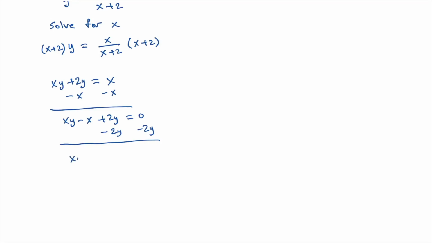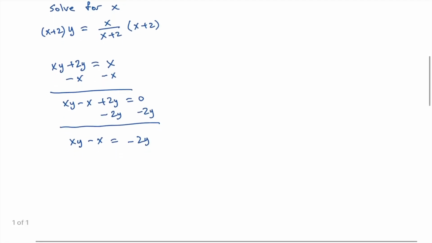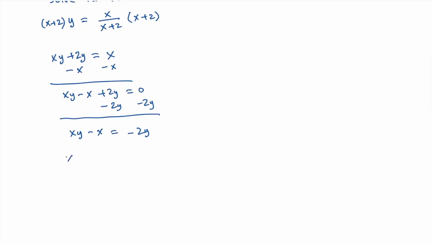So now we have x times y minus x is equal to minus 2y. We can factor out an x. We get x times y minus 1 is minus 2y. So we can multiply our x through and check that we have the line above. So xy gives us the xy.